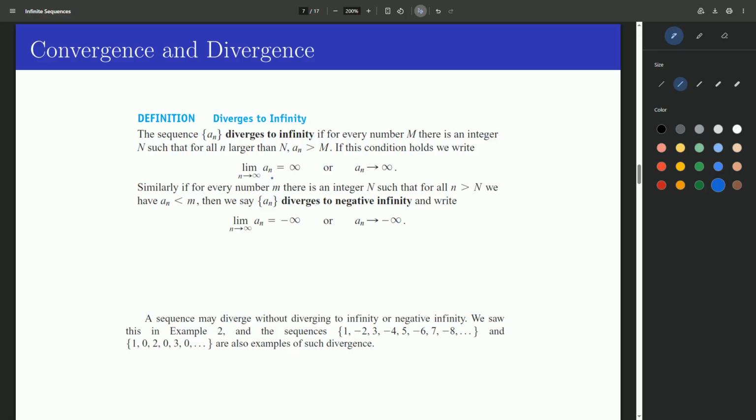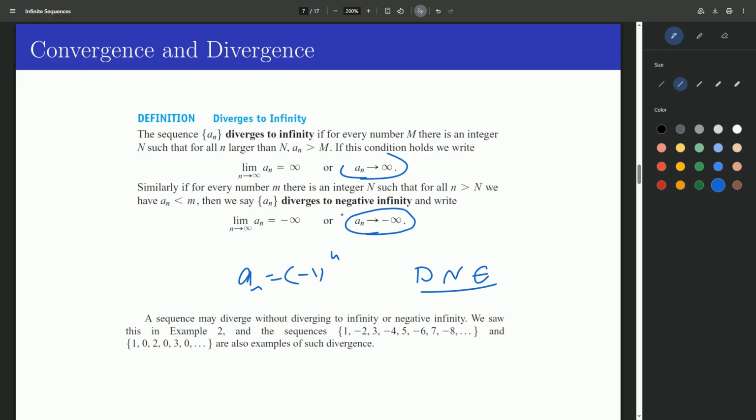If the limit of a sequence approaches positive infinity, we say that the sequence diverges to plus infinity, or it is divergent, and we simply write this. If the sequence diverges to negative infinity, and if the limit does not exist, like minus 1 to the n, in this case the limit does not exist, and we say that the sequence is divergent.